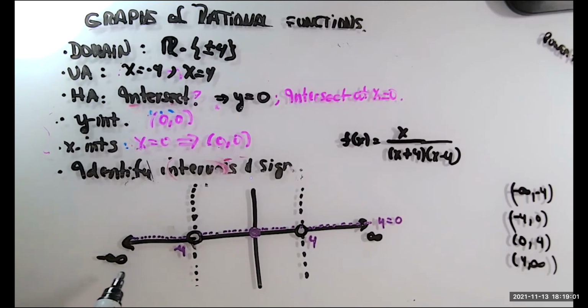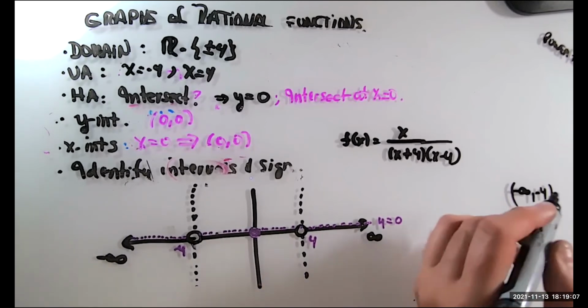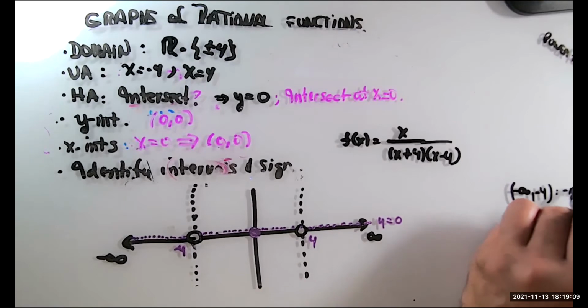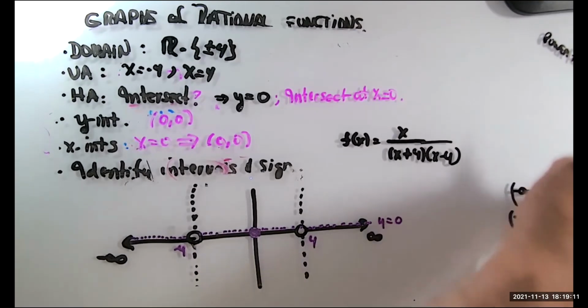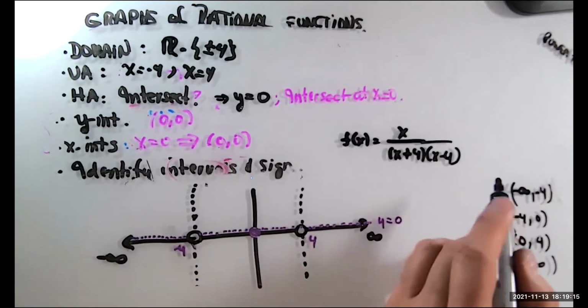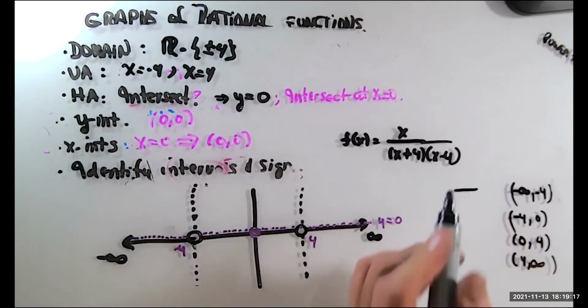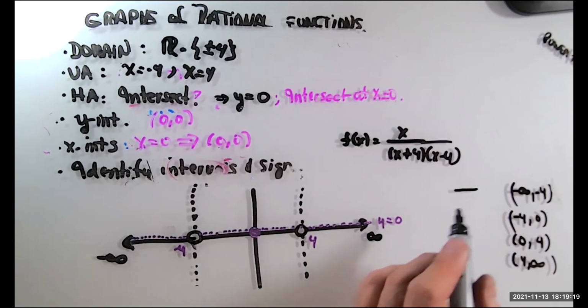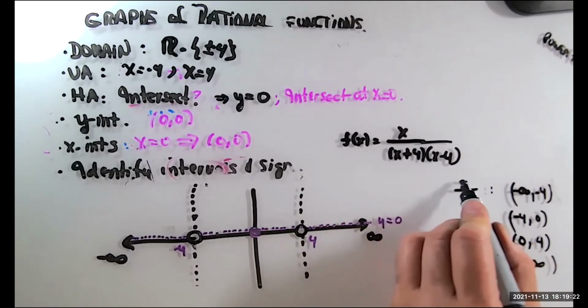Any number between negative infinity and negative 4, let's go ahead and use negative 10. Just use any number smaller than negative 4. So what do I have? Negative 10, of course, is negative.